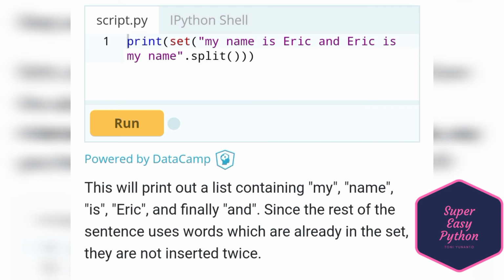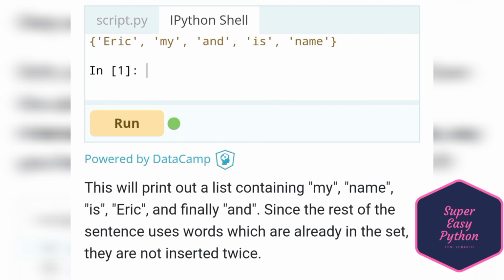Sets are a powerful tool in Python, since they have the ability to calculate differences and intersections between other sets. We run the code. Yes, and the result is the set of single words contained within the sentence or even paragraph.